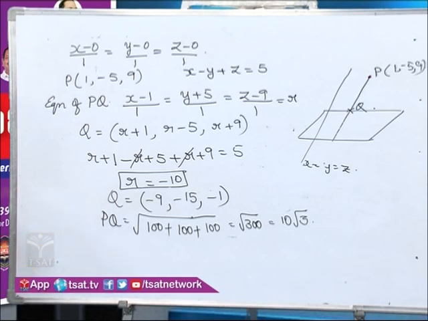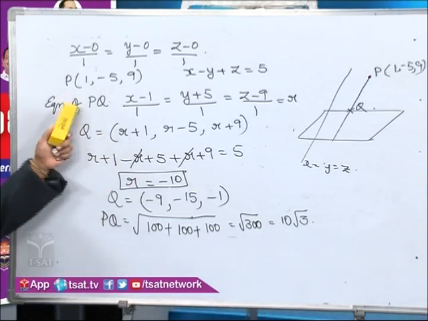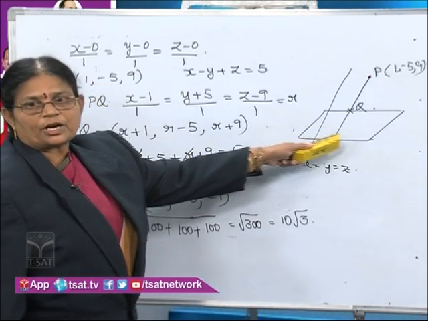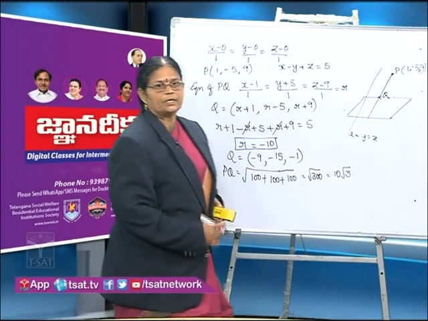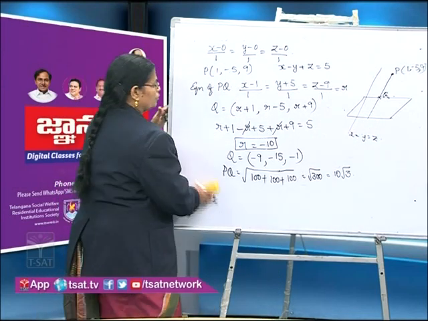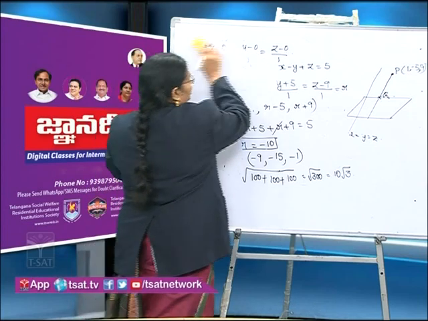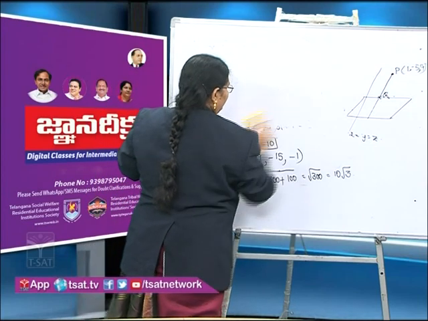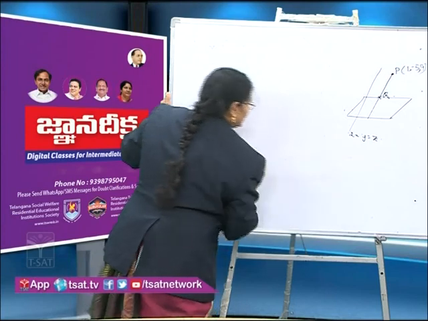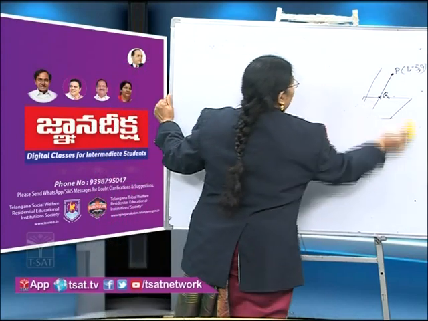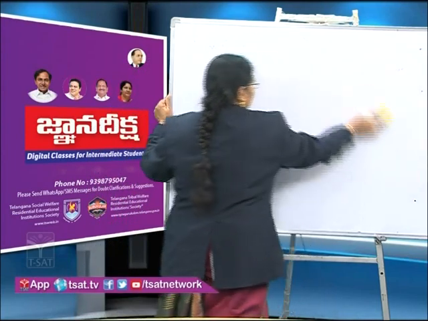So the distance of the point from the plane which is measured along this line, because it is parallel, we have taken those DRs. So this is how we find out the distance of the point Q which is lying on the plane such that the line PQ is along the other line x equal to y equal to z.